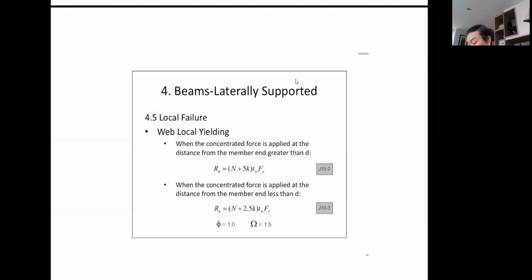The first one that can occur is called web local yielding. So in fact, your beam web can yield under the point load. Generally this means both compression and tension.